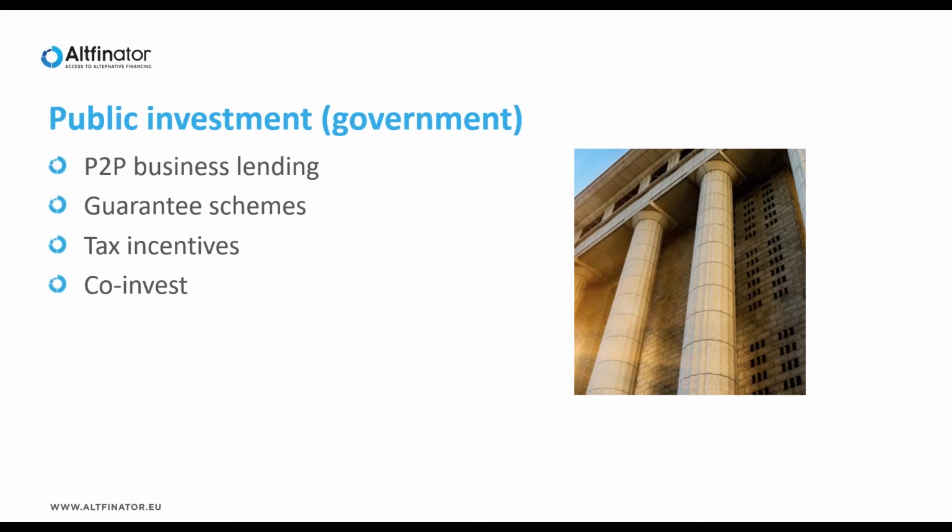That's something I will discuss with business lending, peer-to-peer business lending, or marketplace business lending. Guarantee schemes they can use. Again, I will discuss quickly the tax incentives, but also co-investment, so match funding. That's an interesting model, especially for local governments, to support civic crowdfunding initiatives.